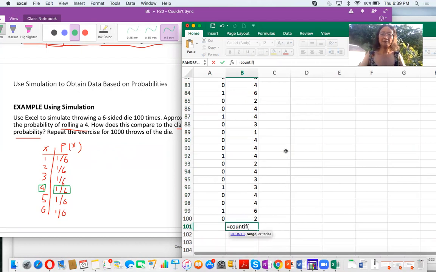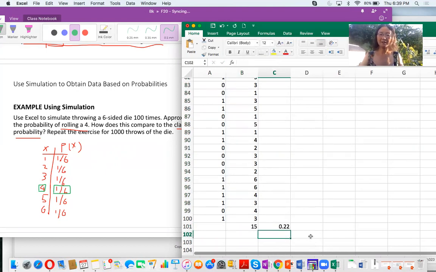I'm going to count from B1 to B100, criteria 4. I want to count how many 4s from B1 to B100. There are 22 fours. And then the probability of 4 is equal to 22 divided by 100, and this number is 0.22.